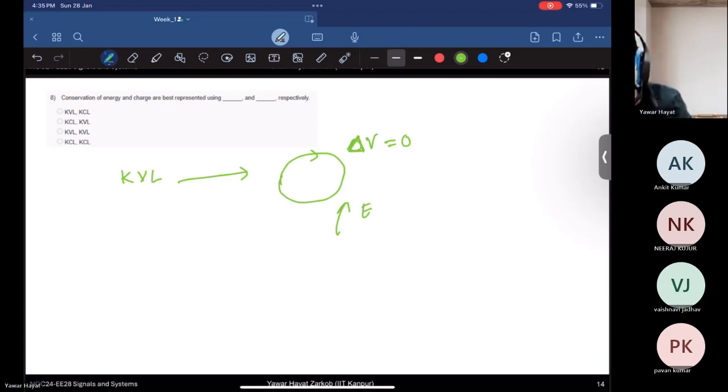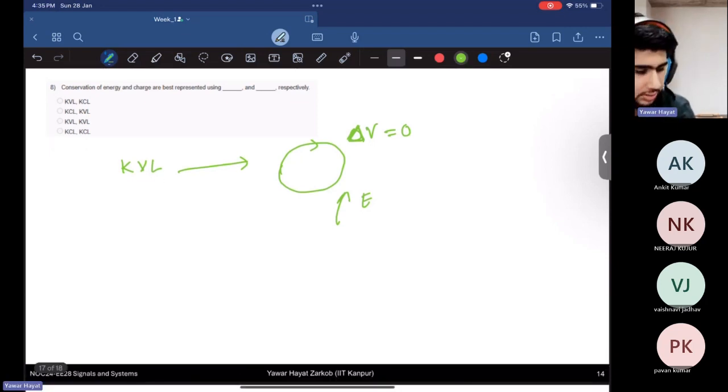Now, similarly, KCL states that the currents that go into the node and out of the node sum to zero, and we can view this from the conservation of charge angle as well.